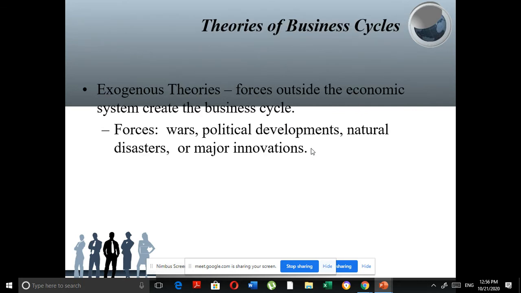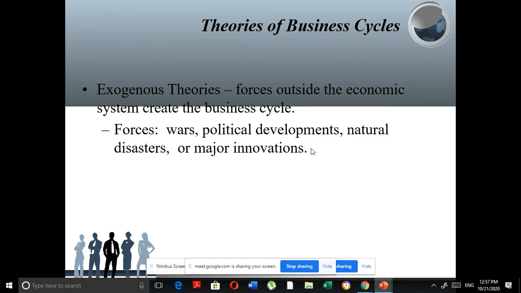If we talk about exogenous theories, they are forces that come in from outside. I think you have heard about these theories from business. These forces come from outside the economic system and create business cycles.